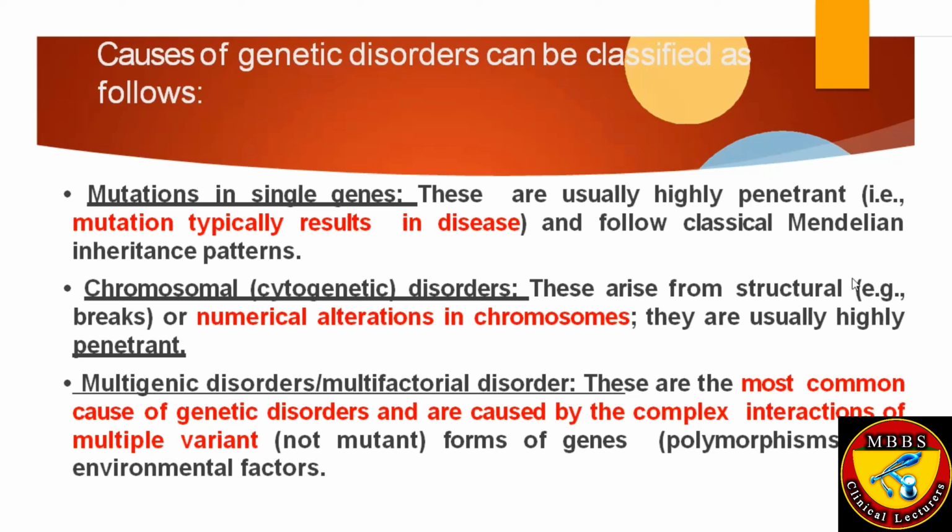Chromosomal cytogenetic disorders arise from structural breaks or numerical alterations in chromosomes, say trisomy 21 or Edwards syndrome, trisomy 18. Any chromosomal abnormality is usually highly penetrant. Multigenic or multifactorial disorders are the most common cause of genetic disorder, and are caused by the complex interaction of multiple variant, not mutant, forms of genes, polymorphisms, and environmental factors.